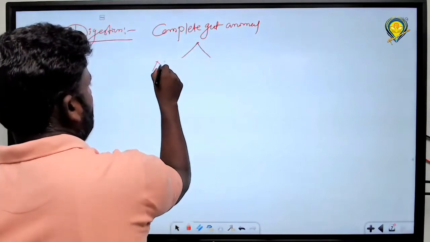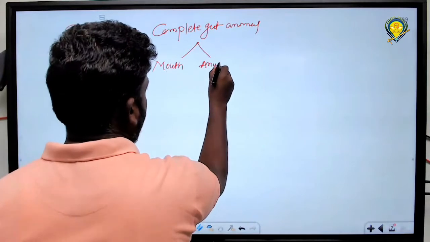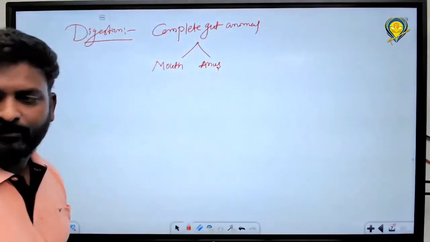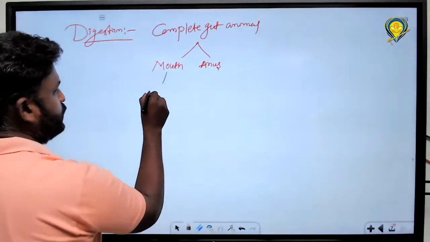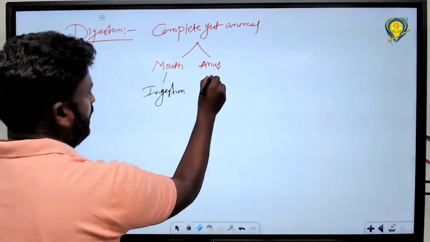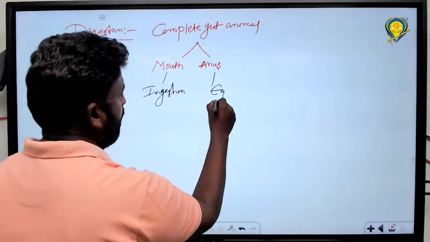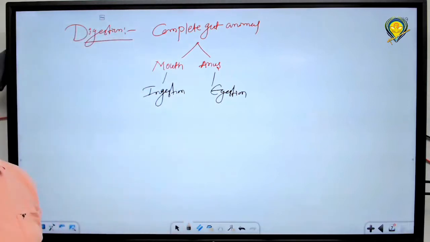Two openings: one is the mouth, the next is the anus. Mouth is for ingestion, intake of food, and anus is for sending out excretory waste, right?